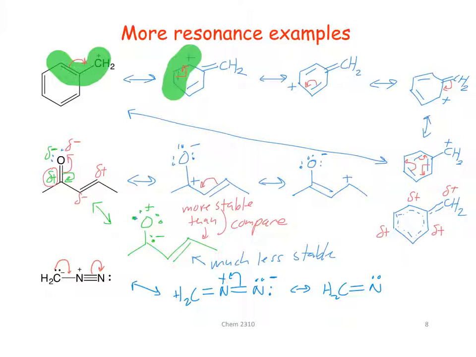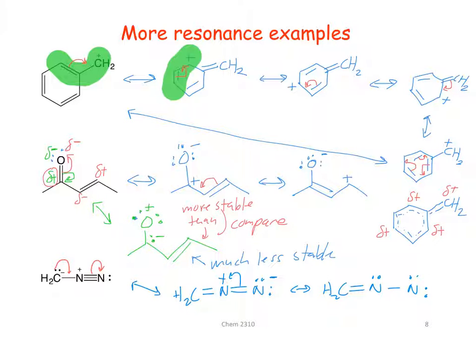Here's the pair I just put on there. Now we have a single bond, nitrogen, and this nitrogen just has two non-bonding pairs on it. Okay, so what would be our charges here? Alright, so this one is actually neutral. There's no charge on it. All of the atoms are neutral.